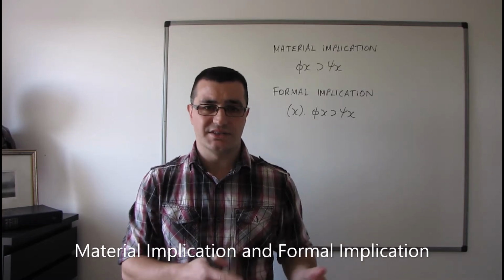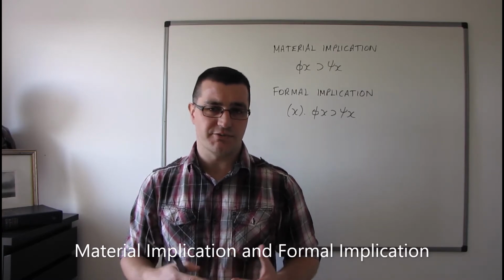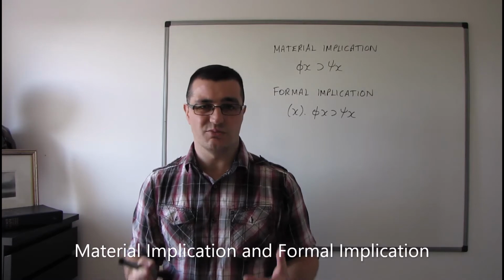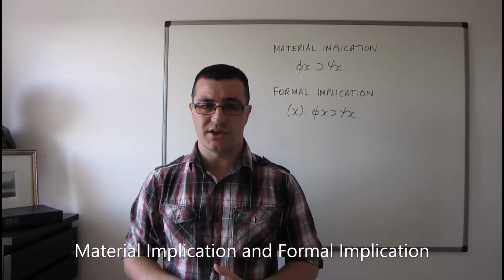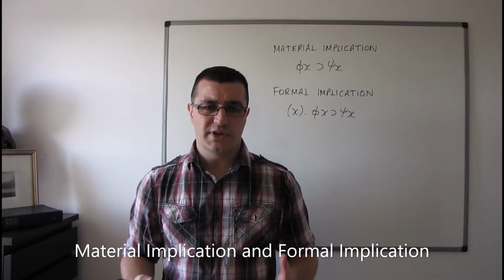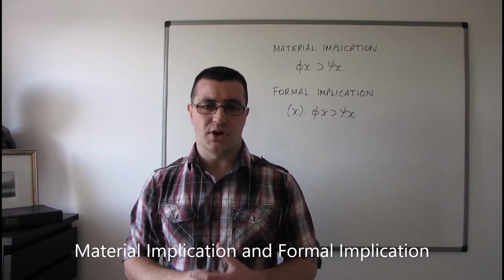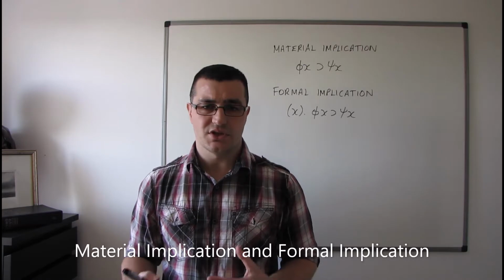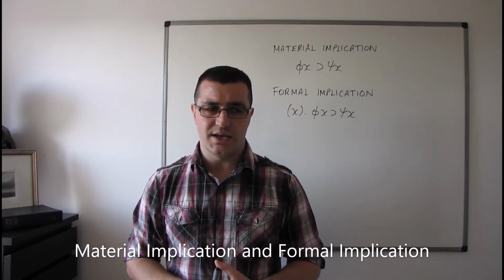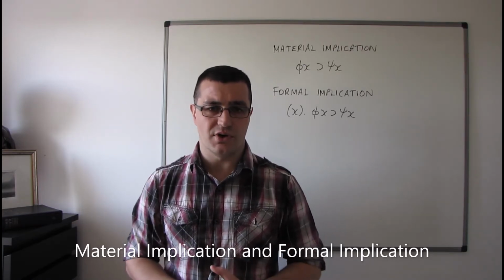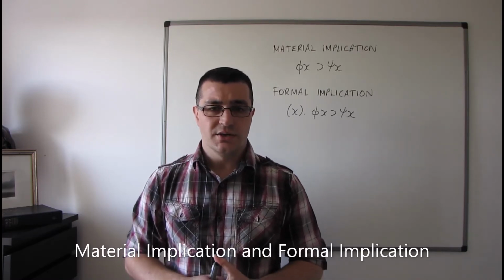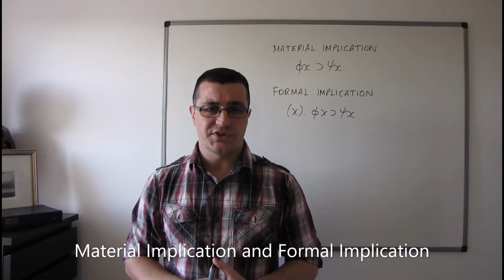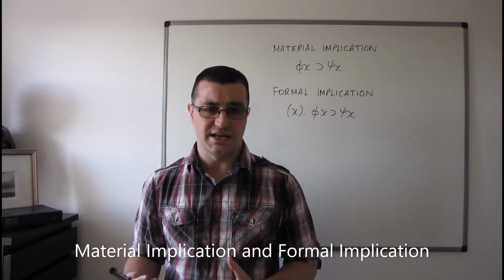Both material and formal implications will often just be referred to as implications, and whether it's material or formal implication that's meant is really determined by the context. But formal implications to a certain extent allow us to unrestrict a variable. So we had in section 9 a primitive proposition, 9.14, which will also appear as a primitive proposition in section 10 as well, that says that a propositional function is significant on the whole of a type.